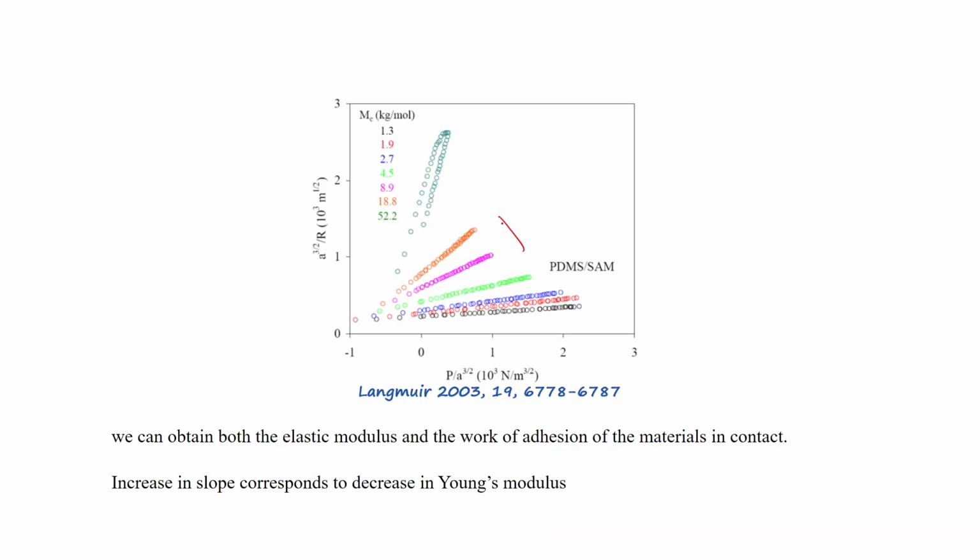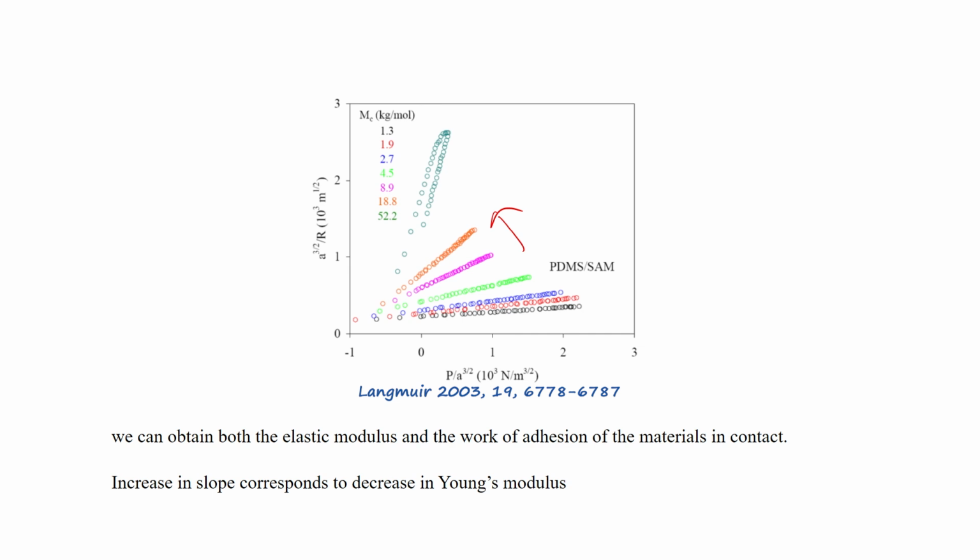Here in this direction the Young's modulus decreases, and therefore the slope increases. So, you can also compare between materials by these load versus displacement experiments, and by analyzing the data, you can also get the exact value of the Young's modulus of the material as well.